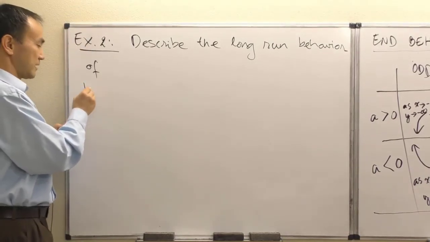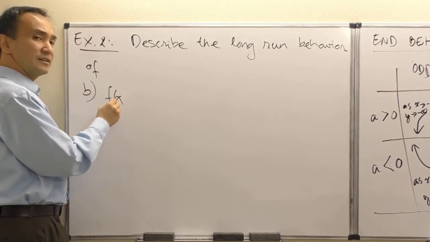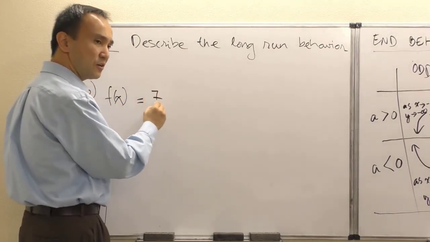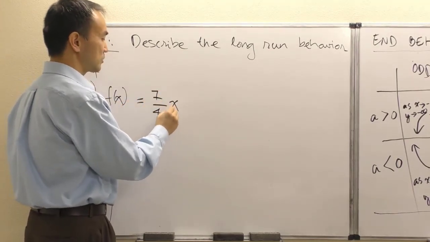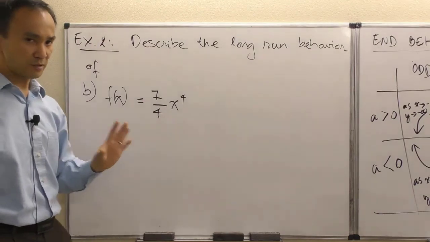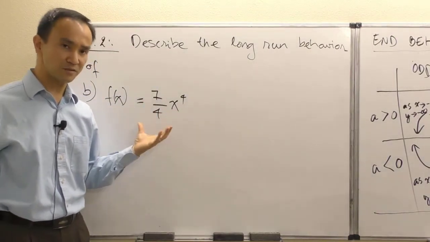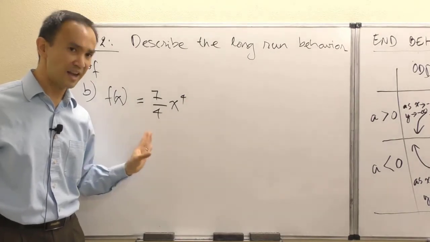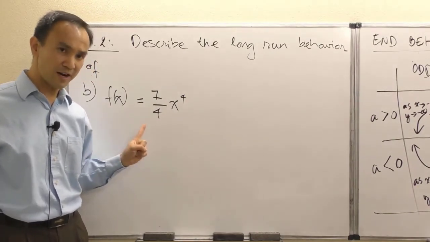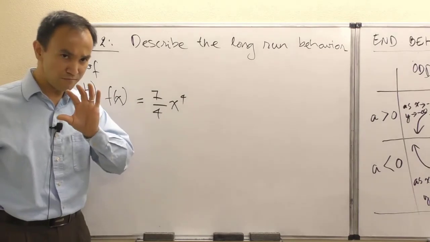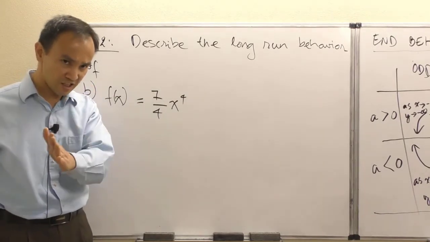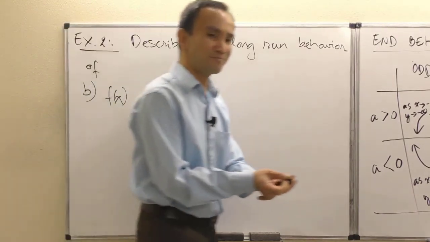So part B, our function here is positive 7/4 times x to the 4th. I will use the software to provide the answer, but when you have time, go ahead and write down the answer here as well. It's only meant to be a quick judgment and decision.